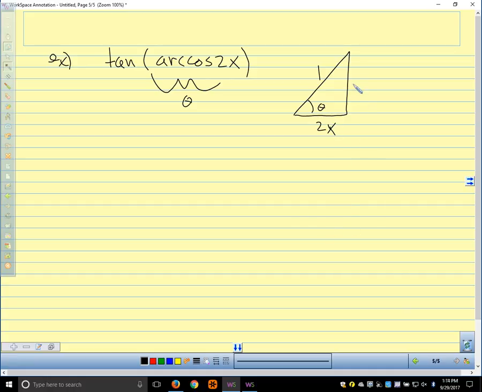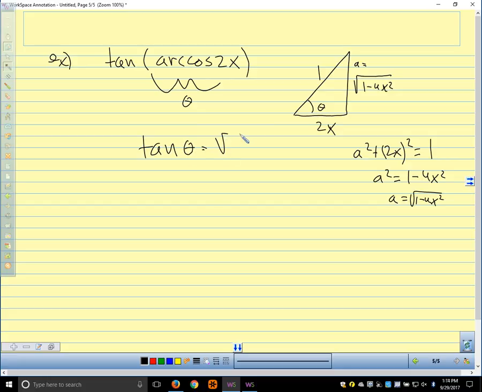We'll find this side of the triangle. If we call that a, we have a squared plus 2x squared equals 1. So a squared equals 1 minus 4x squared. A equals the square root of 1 minus 4x squared. We want the tangent of that angle. So the tangent of theta is the square root of 1 minus 4x squared over 2x.